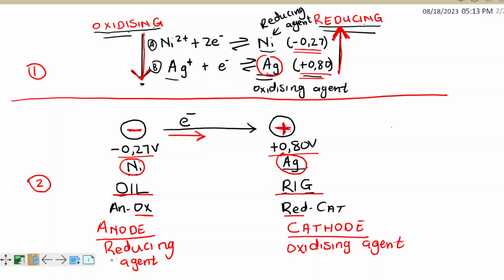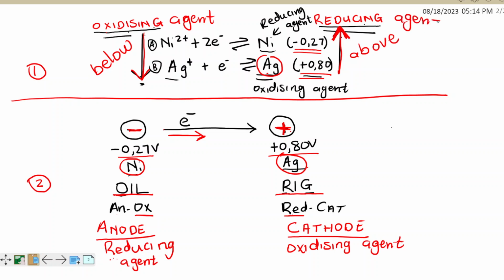And the substance that is losing electrons is a reducing agent. If you forgot this, go back to your arrows. This arrow is pointing down. It says the one that is below is the oxidizing agent. This arrow that is pointing up means the one that is above is the reducing agent.